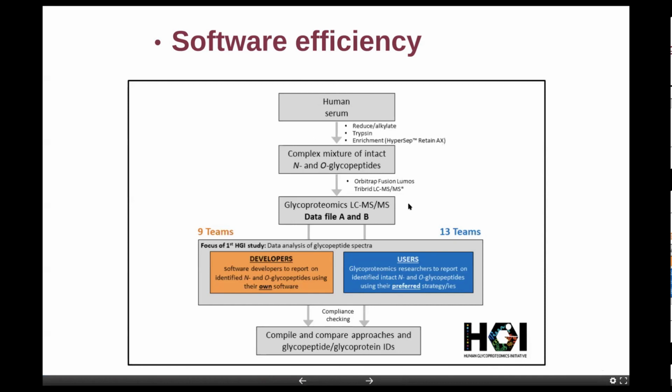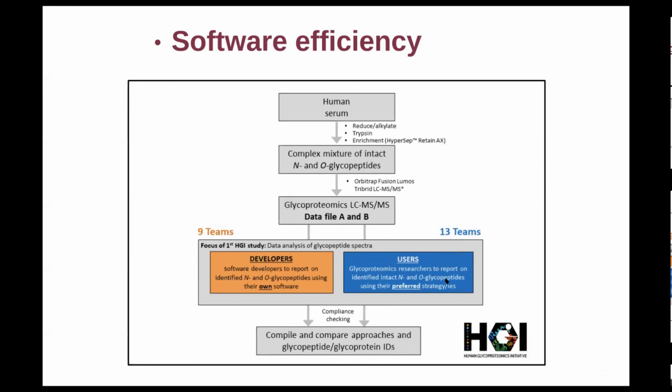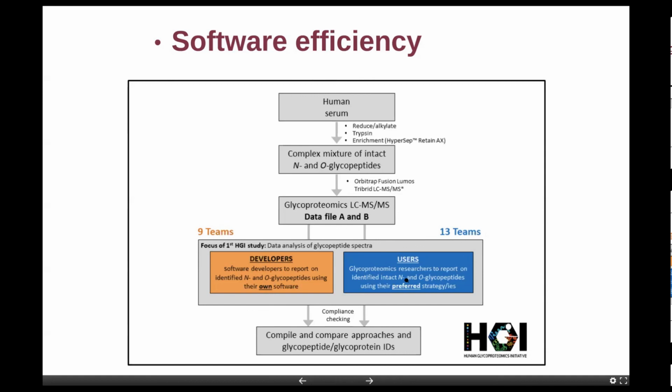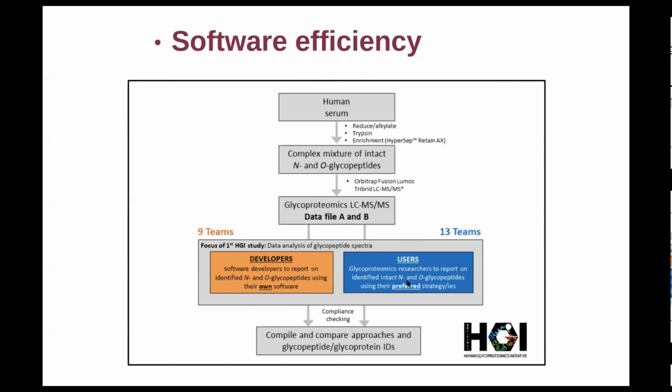Then they generated the data, and it was analyzed by 9 teams who develop software and 13 teams who use software. We are very keen to get the results, which we had just a glimpse of during the HUPO conference last year. And again, reproducibility is an issue, as we could see from the preliminary results. So we will have to improve software with these sorts of challenges.